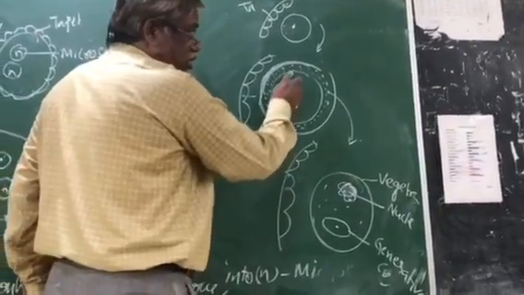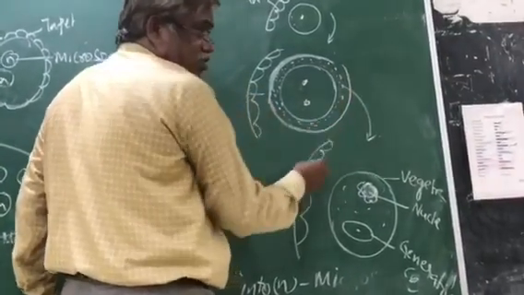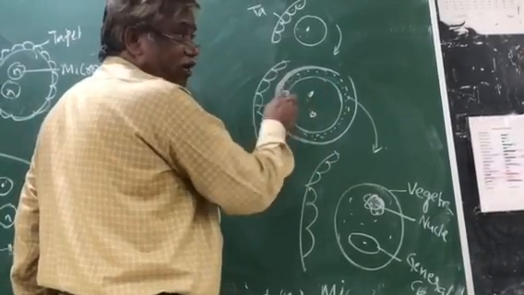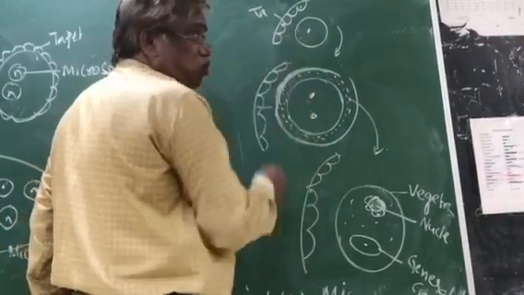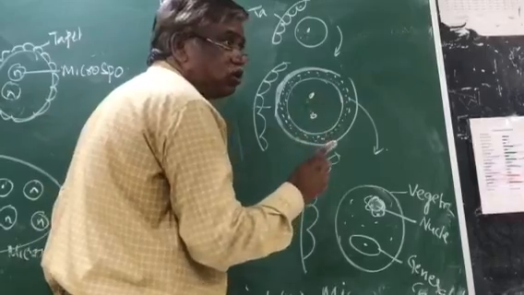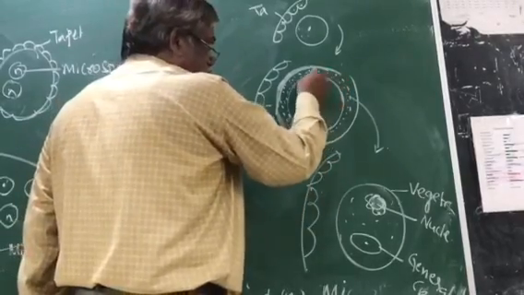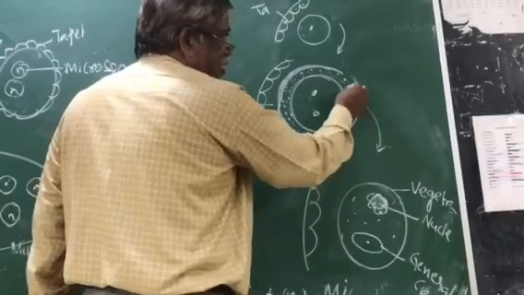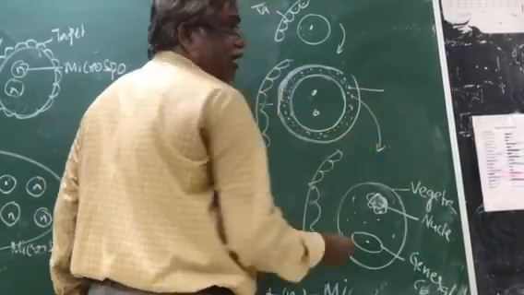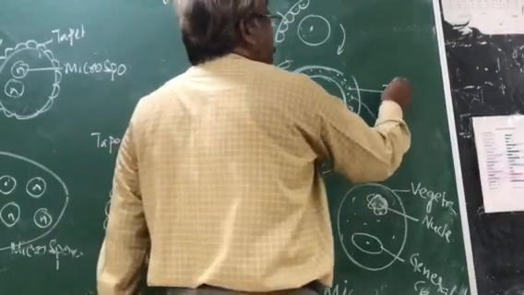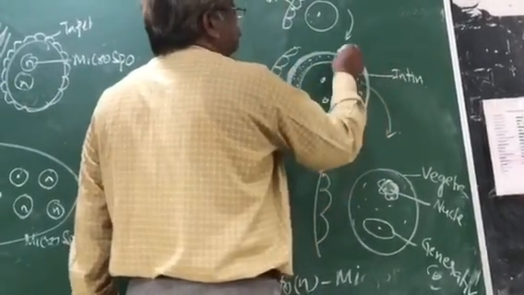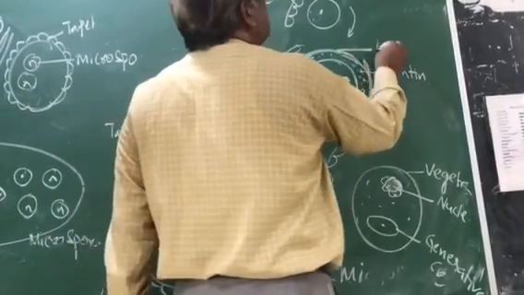You see, once upon a time, without a covering, it was a microspore. Now it is not a microspore. Right. Now it is a cell membrane. Now it is the inner covering, the intine. The outer covering is called the exine.